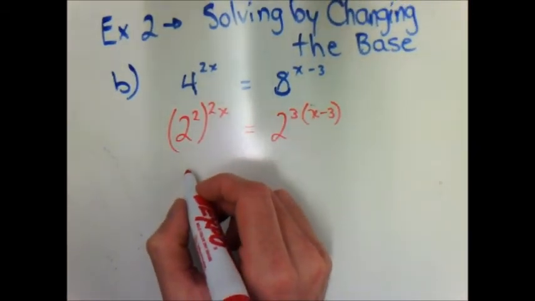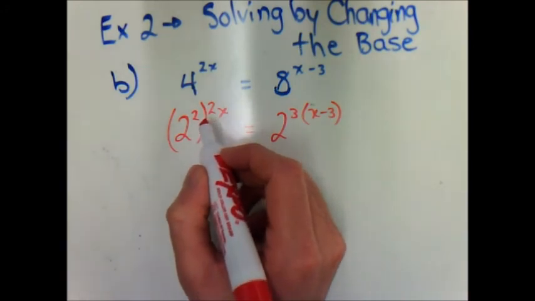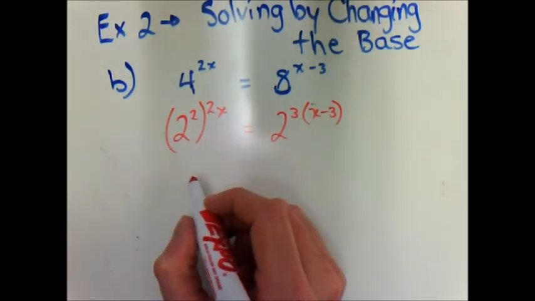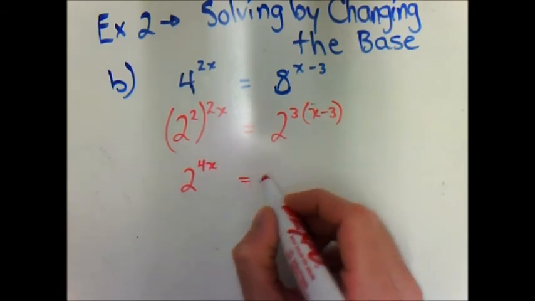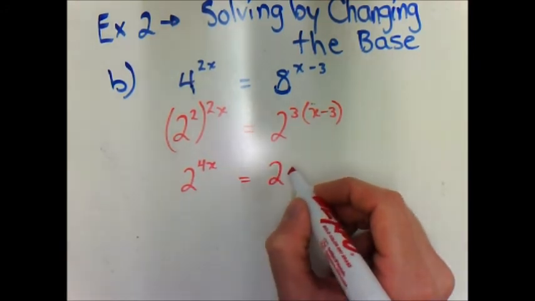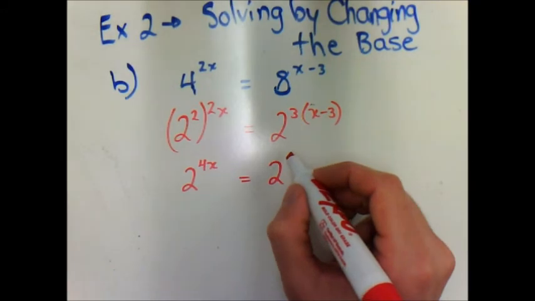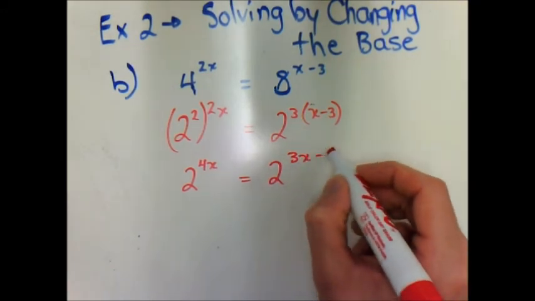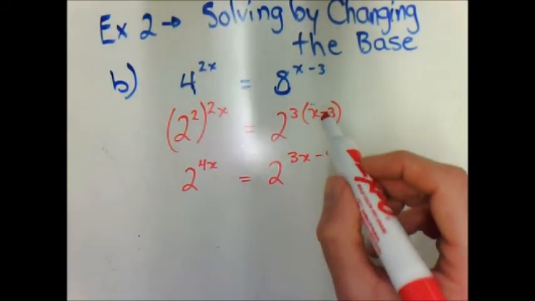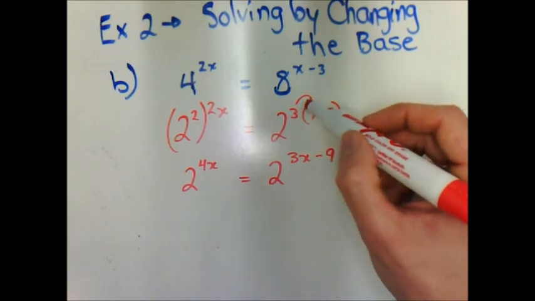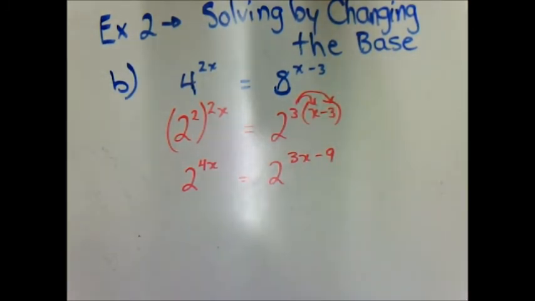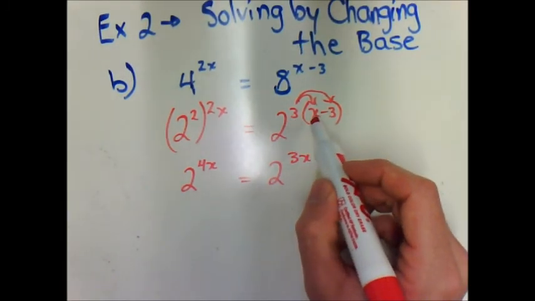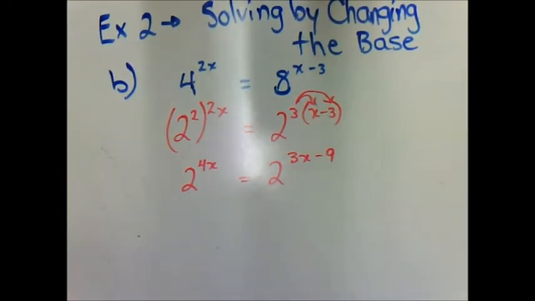We can simplify this with our power of powers rule. We're going to multiply our exponents. The left side becomes 2 to the power of 4x, and the right side becomes 2 to the power of 3x minus 9. I simply multiply the first term by both terms inside the second binomial here.